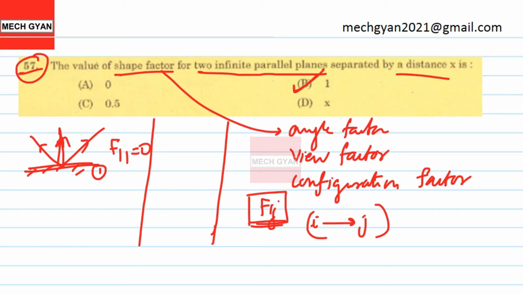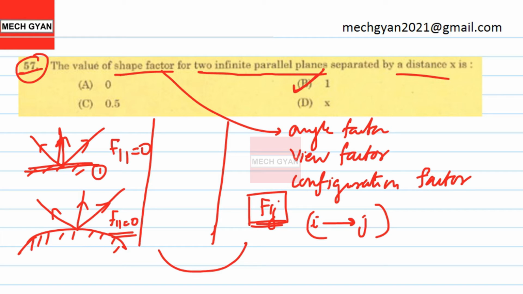Now for a convex surface, again the fraction of radiation energy leaving this surface and impinging on the same surface is 0. However, for a concave surface, some part will get absorbed, so F11 is not equal to 0. So this is very important.